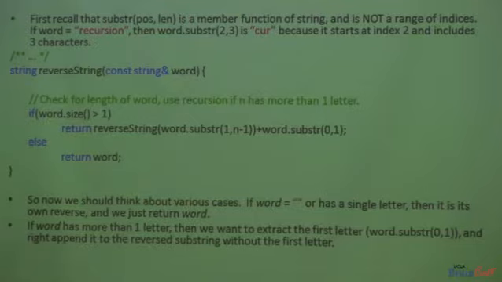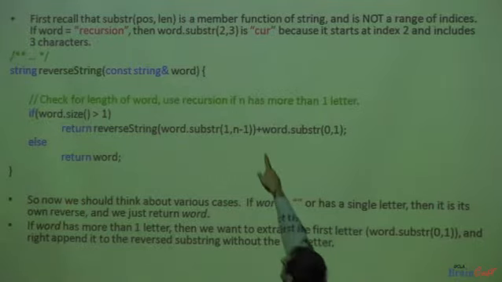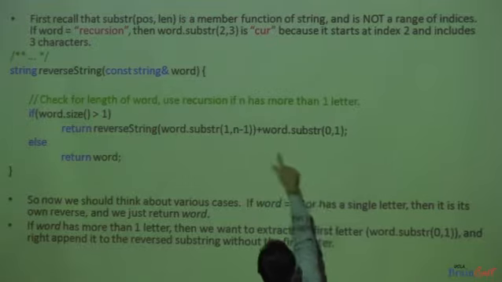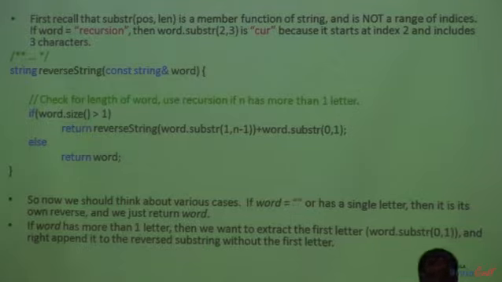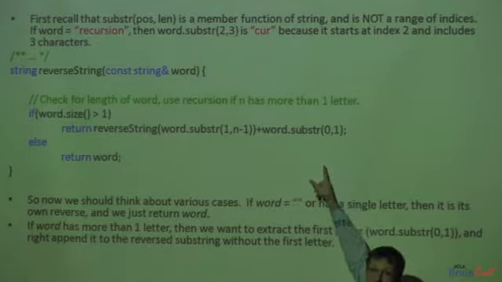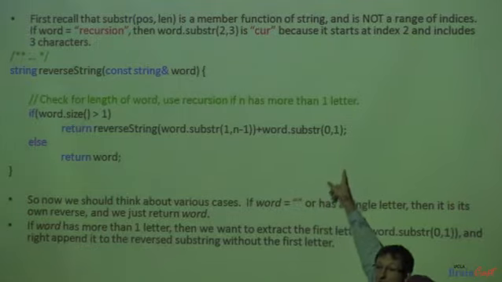Okay, so if the number of characters is strictly larger than 1, or in other words is 2 or more, then what do we want to do? We want to take out the first character, as a string, and store that as a string variable. So index 0 with exactly 1 character, so the first letter.